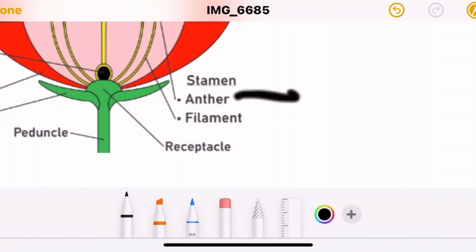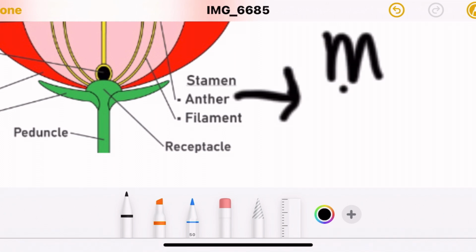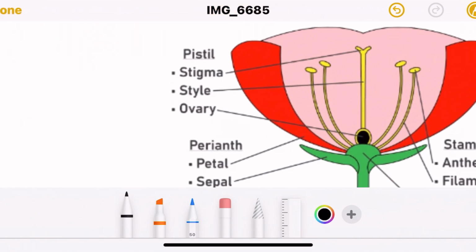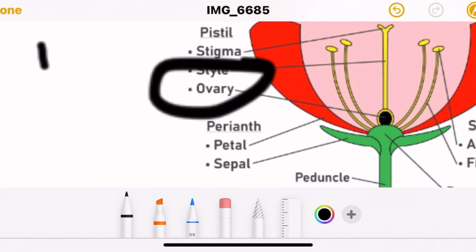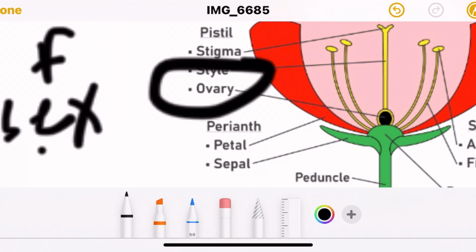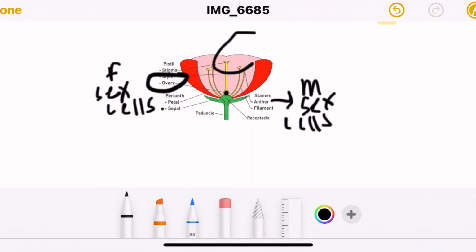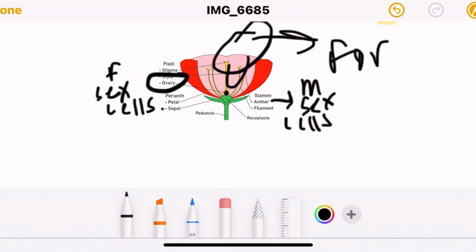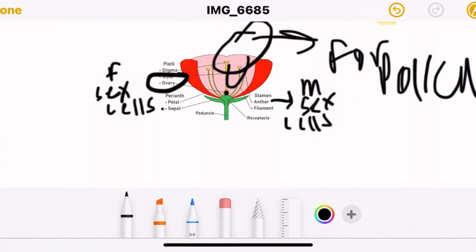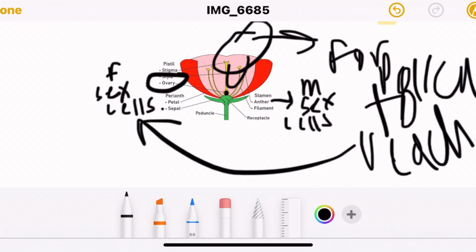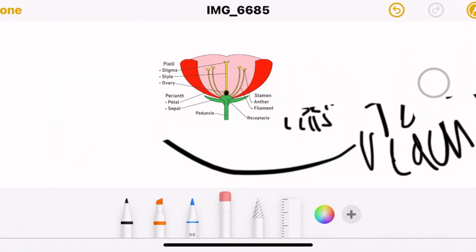Here, the anther produces the male sex cells, and here, the ovary produces the female sex cells. Hope it was clear. The stigma and the style are for the pollen to reach the sex cell. Remember it.